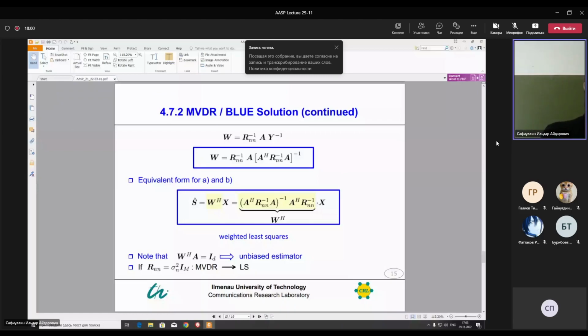And this solution is unbiased, because the multiplication of W Hermitian with A is equal to the identity matrix.